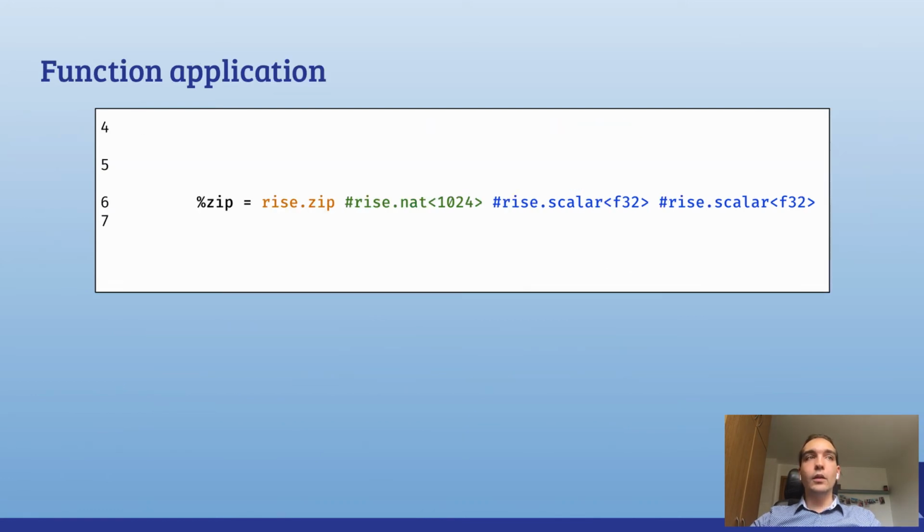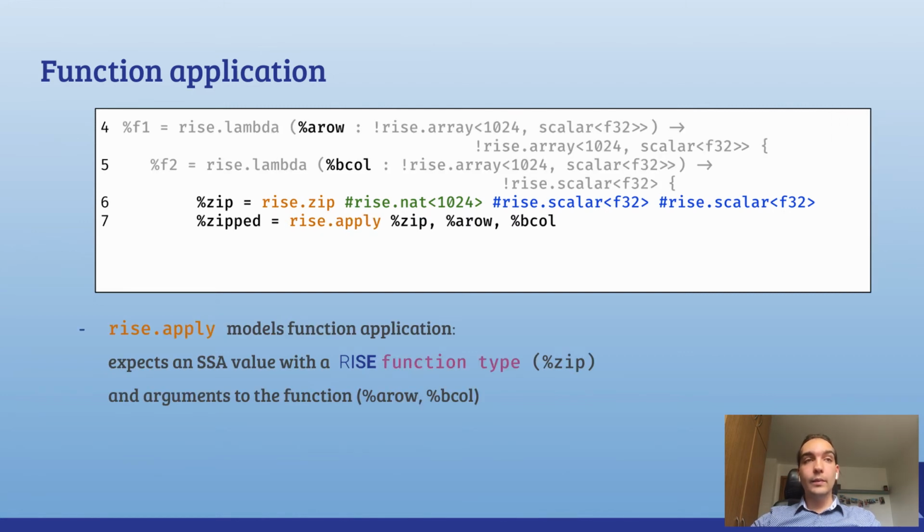And next, we look at function application. So again, we look at the same zip example, and we model the application of these patterns explicitly. We do it by using the rise.apply operation. And rise.apply takes a value with a function type, which is the applied function, as input. Here, for example, %zip is the function to be applied.